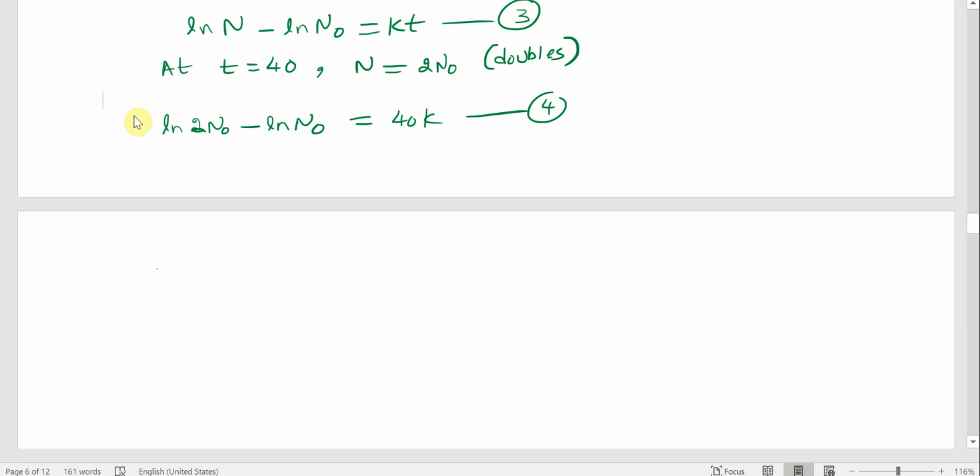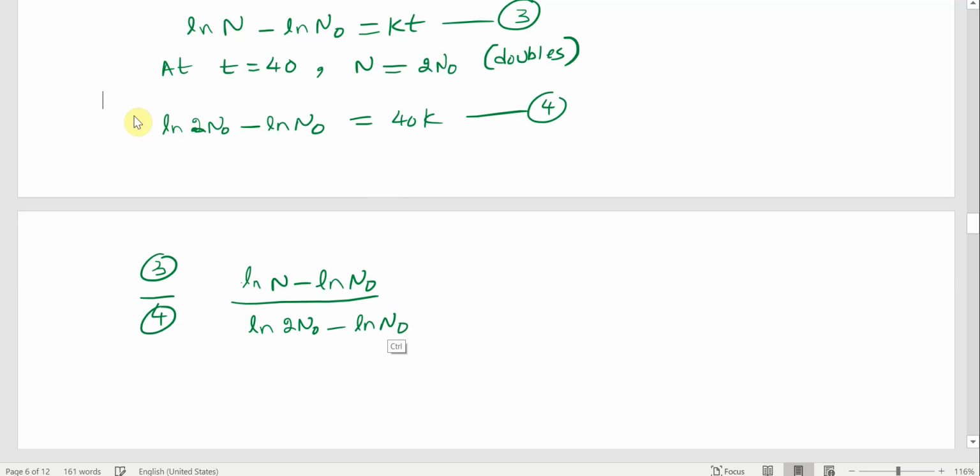Next, for simplification, we will divide equation 3 by 4. How to divide these two equations? Very simple. Just write ln n minus ln n naught, the left hand side of equation 3, divided by ln 2n naught minus ln n naught, the left hand side of equation 4. Similarly, the right hand side of equation 3, t k, divided by the right hand side of equation 4, 40k.